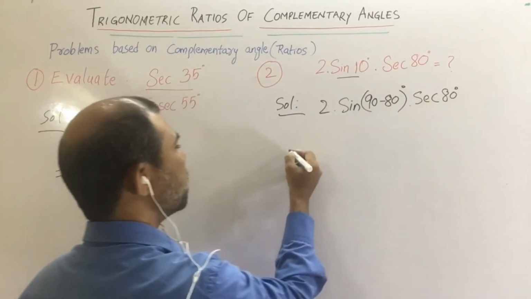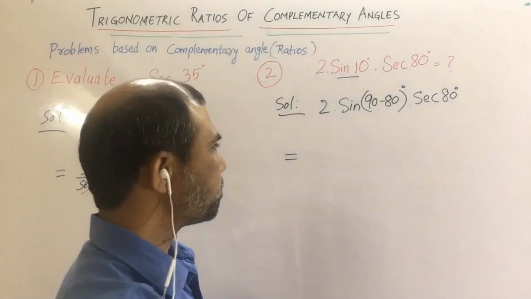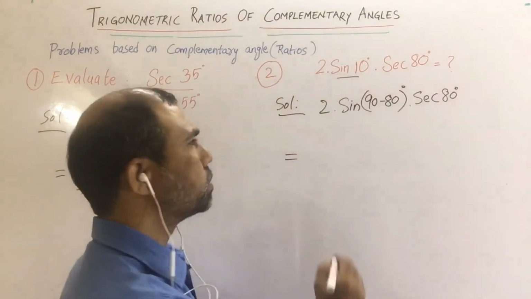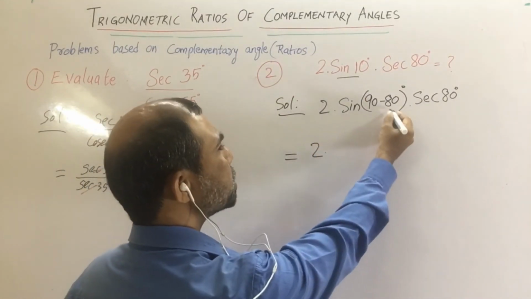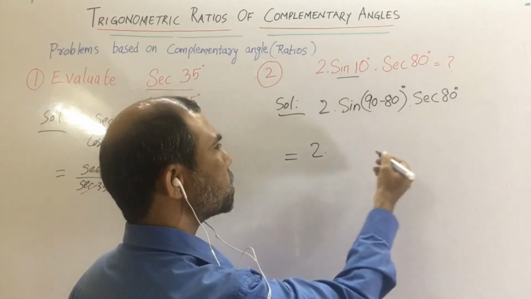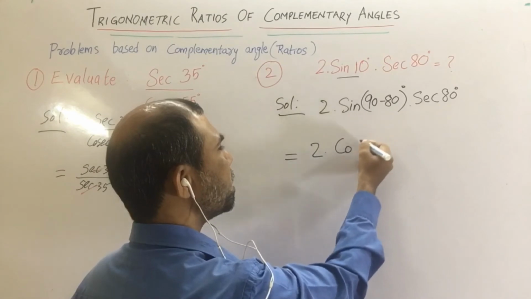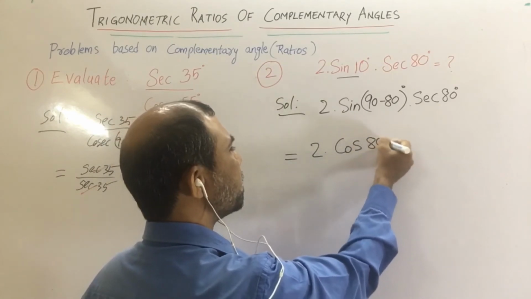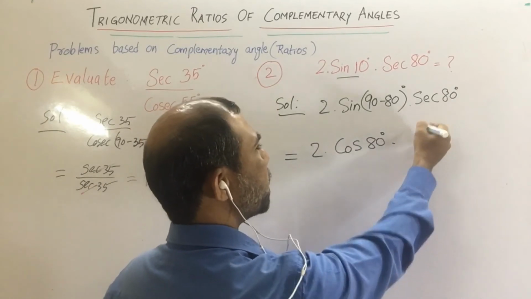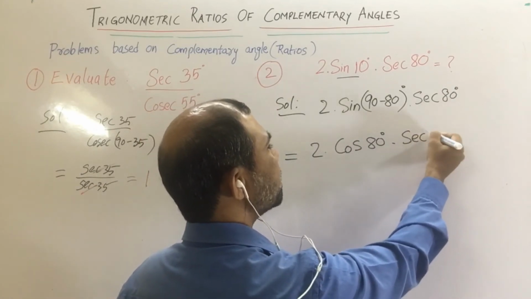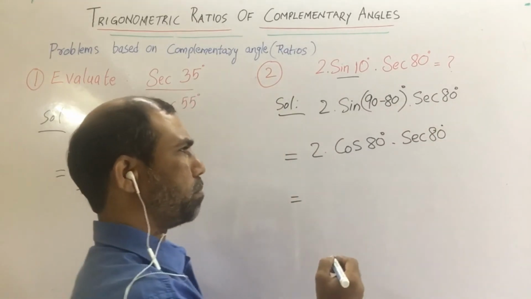Now, next step, you can apply the complementary trigonometric function rule. 2 into sin(90 minus theta) is cos theta. So, what you can write instead of sin(90 minus 80 degrees) is cos 80 degrees. And at the same time here we have as usual sec 80 degrees from the previous step.